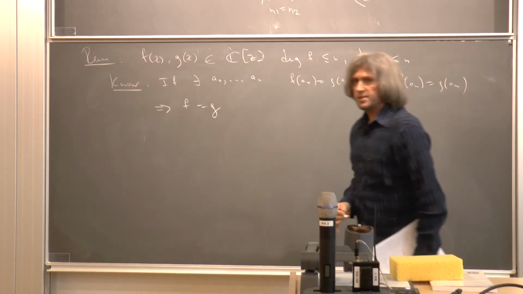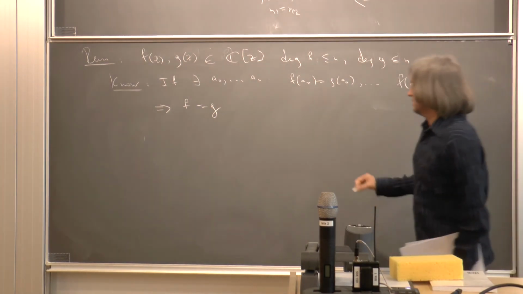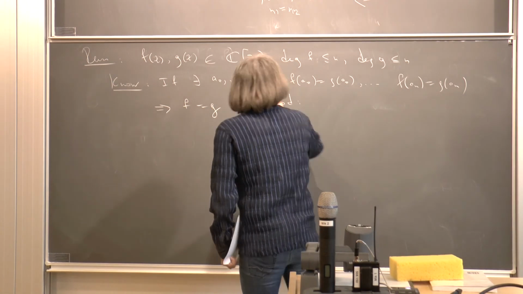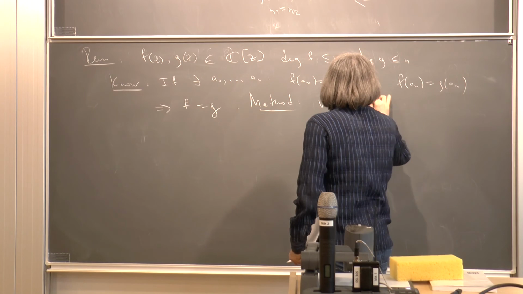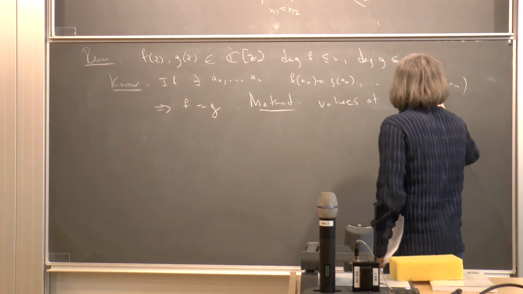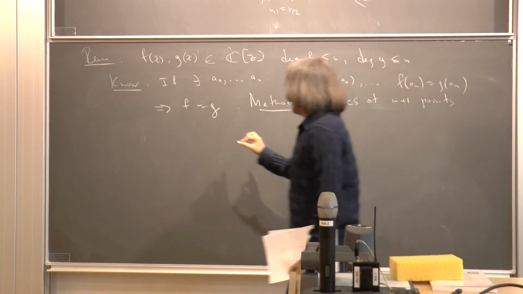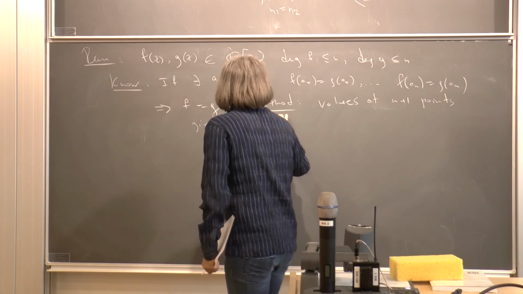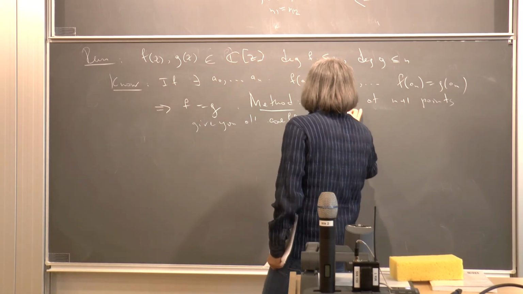And the point is that you can write linear equations on coefficients. So the method of proof: values at n plus 1 different points give you all coefficients of a polynomial.